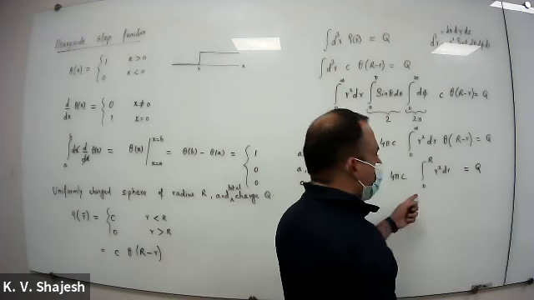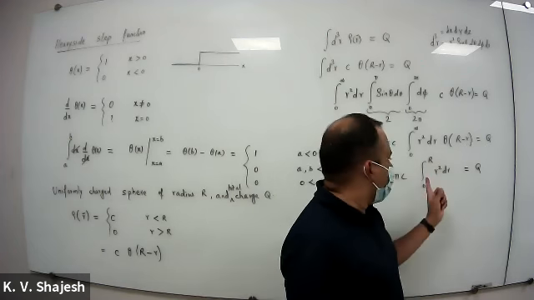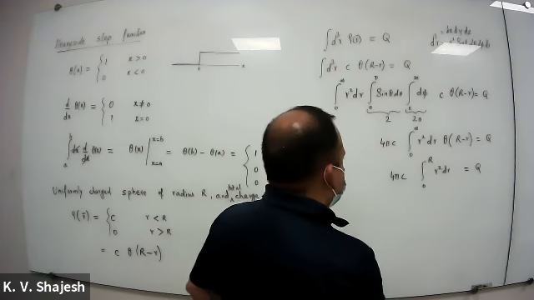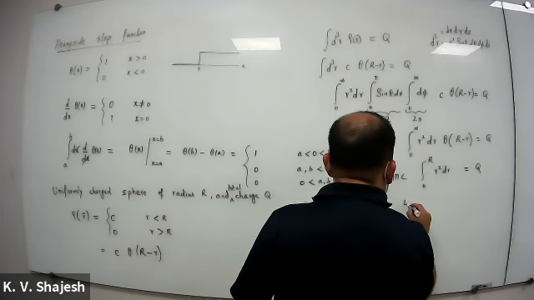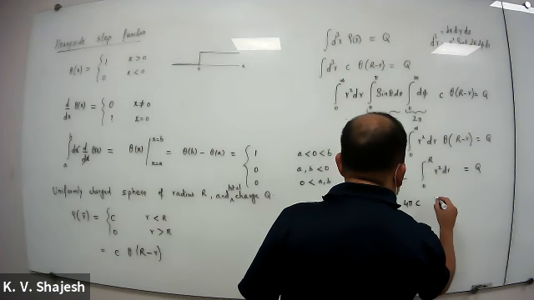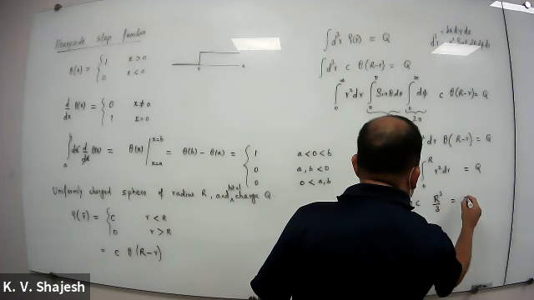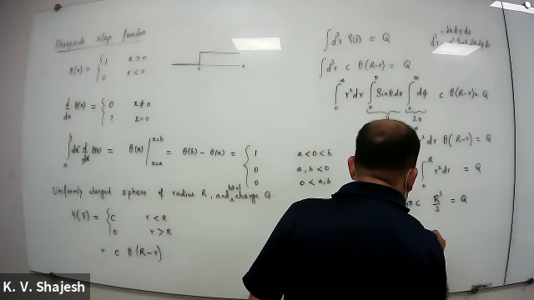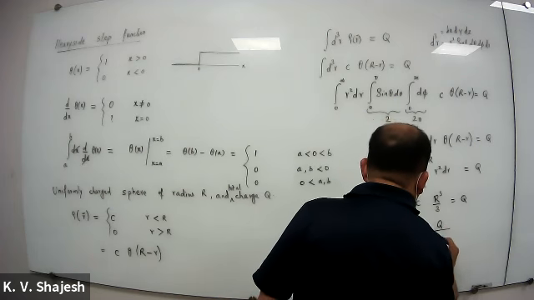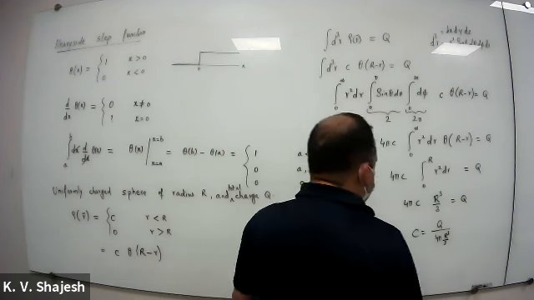It is 1 from 0 to r, and 0 from r onwards. And this integral we know, right? So it is 4 pi times c, times r cubed over 3, equal to q. And indeed, c is equal to q over the volume, 4 pi over 3 r cubed.